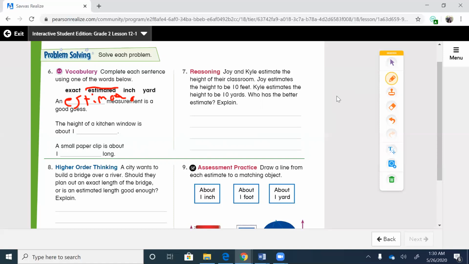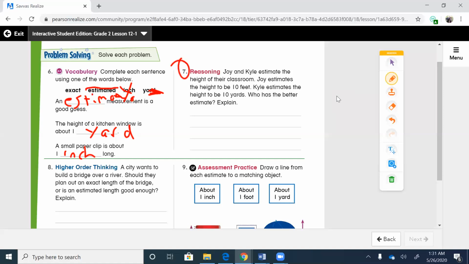That doesn't make sense. It's going to be yard. And remember from the video how long the yard is, right? So that's about 1 yard. And the last one, a small paperclip is about 1 blank long. Inch, right? Good job.